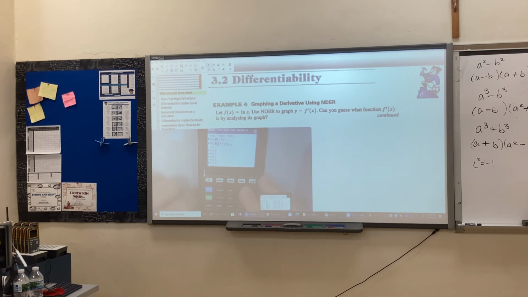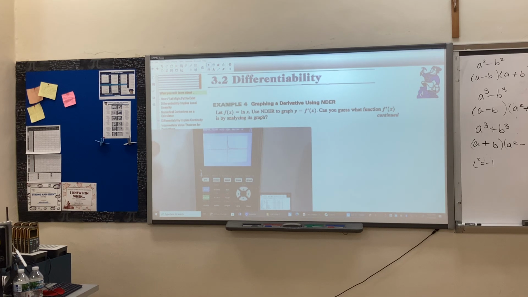So I'm going to go up here and highlight the natural log of x, so the only thing that will be graphed is the derivative of the natural log of x. Here's the derivative of the natural log of x.